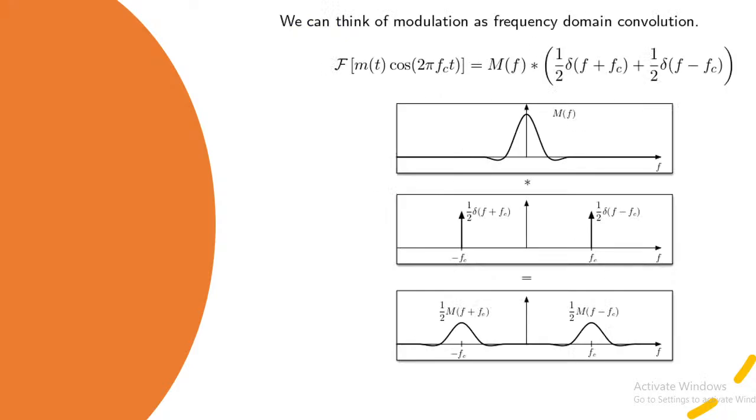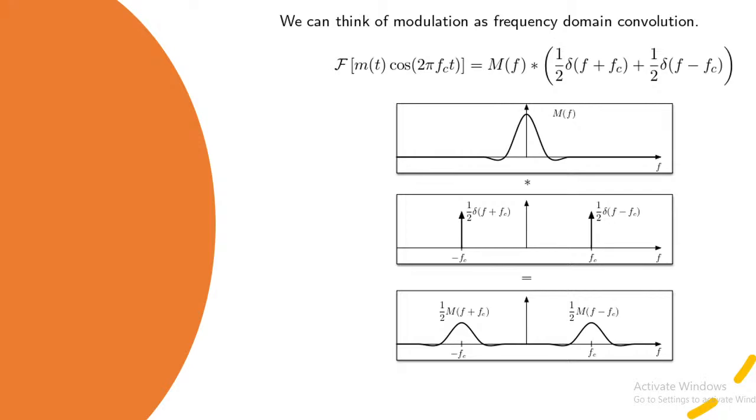Now we can think of modulation as a frequency domain convolution. Modulation is nothing but a frequency domain convolution. Look at the figure: M(f) is the frequency domain representation of m(t). Then we have cos 2 pi fc, whose frequency domain representation is two impulses at plus minus fc, with amplitude 1 by 2.